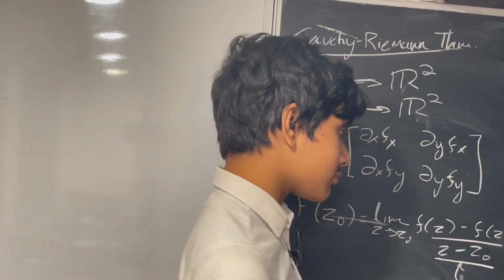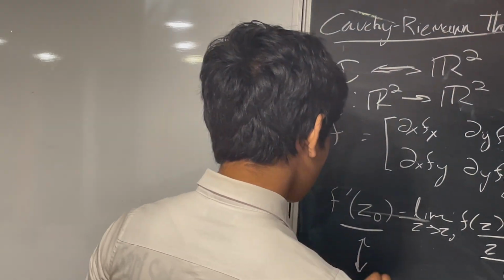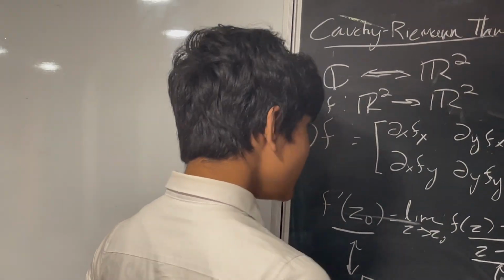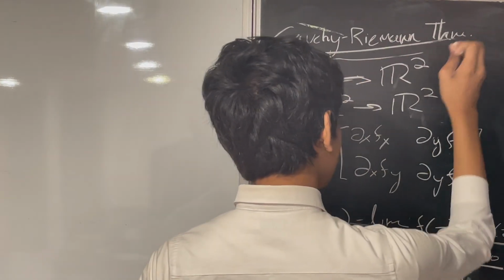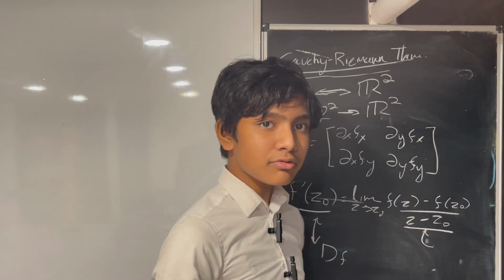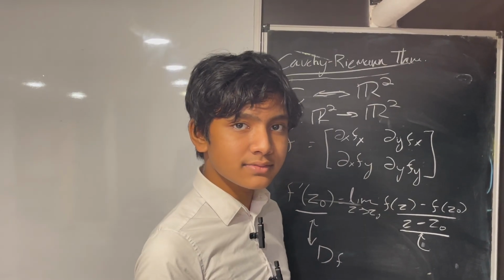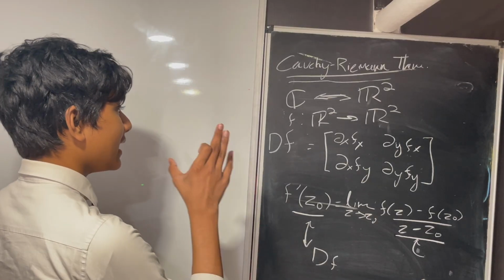But how does that relate to this function's actual Jacobian? Well, very deeply. And the Cauchy-Riemann theorem actually unveils very surprising results about the Jacobian that allow us to basically forgo it entirely. So what does it mean for a function to be analytic?